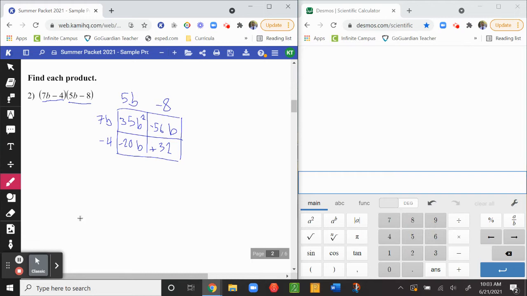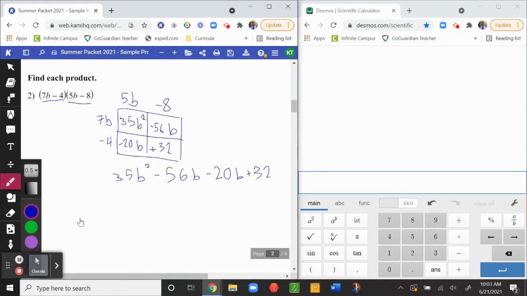Now that I have all these products in the box, I need to combine like terms. Right now, I've got a 35b squared minus 56b minus 20b plus 32. However, I've got these like terms, a negative 56b and a negative 20b.